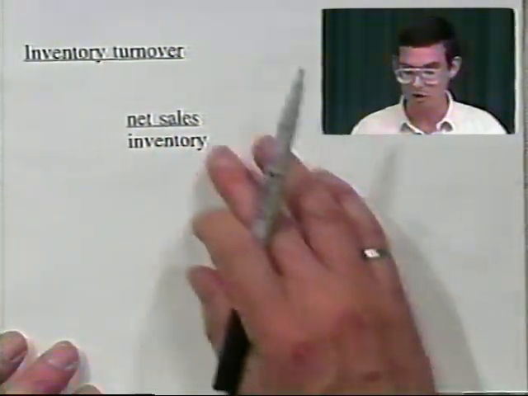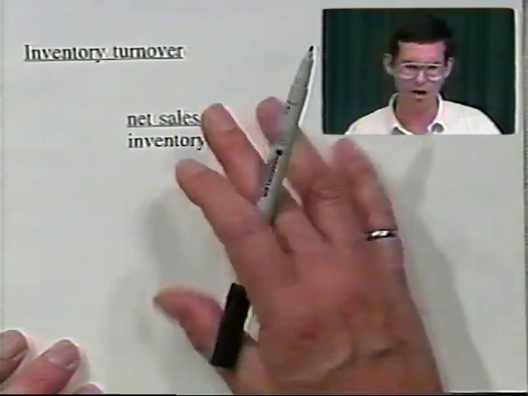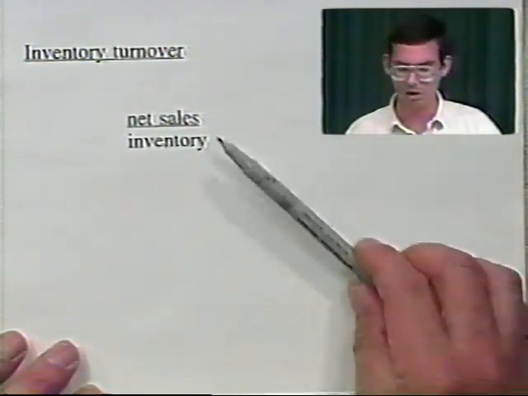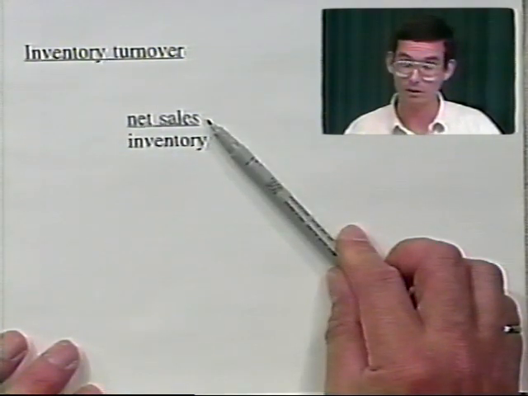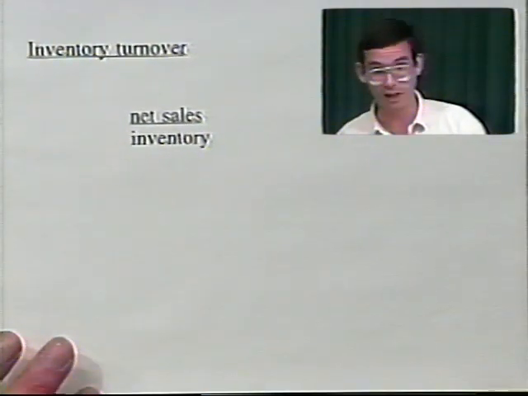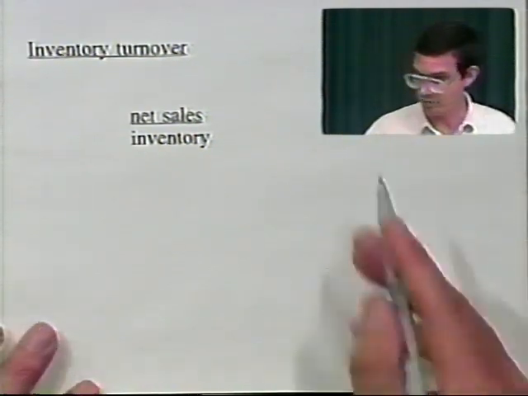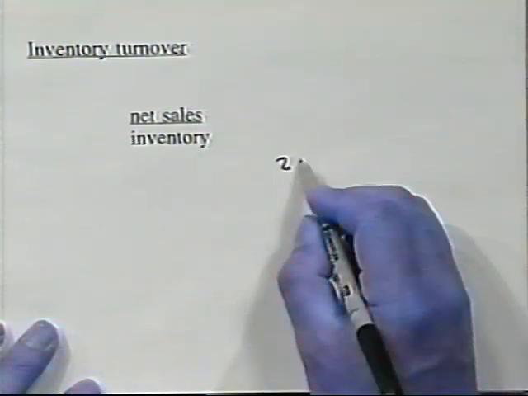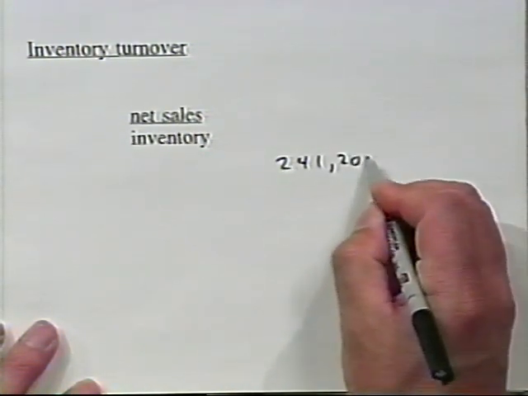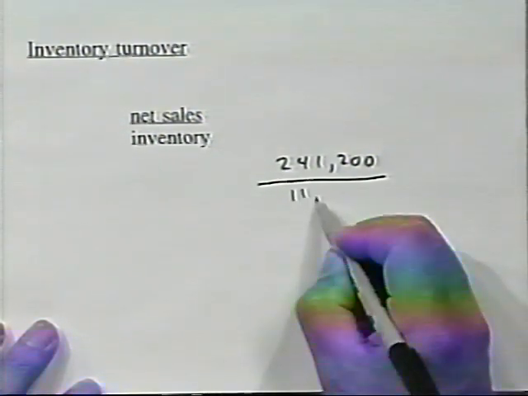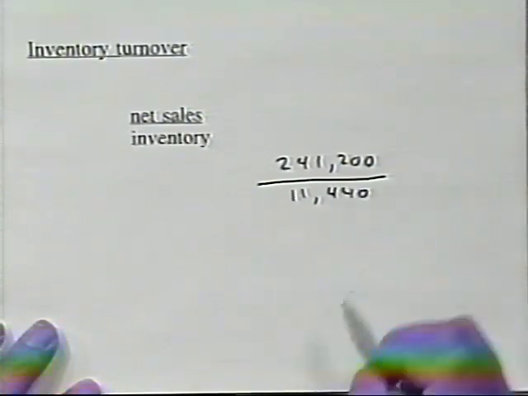So the point is, when you look at a ratio of any type, and there are hundreds of these things, not just the 5 I'm talking about in this course, you have to look exactly at how the terms are defined to know what figures to take from the balance sheet and income statement. So the correct figures here for net sales are the gross income from sales of $241,200, and the correct number for the inventory is the finished goods inventory of $11,440.